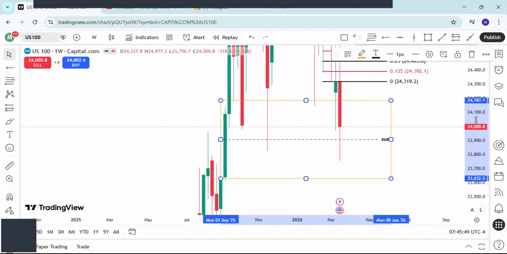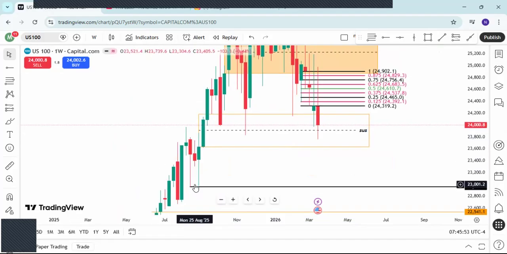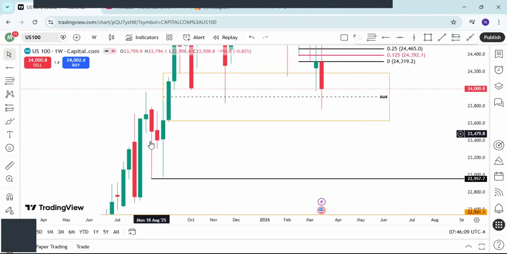Basically, before getting to these lows here, first we need to get through this, and we're also going to put our fib and get half of this. That's what we're going to do.